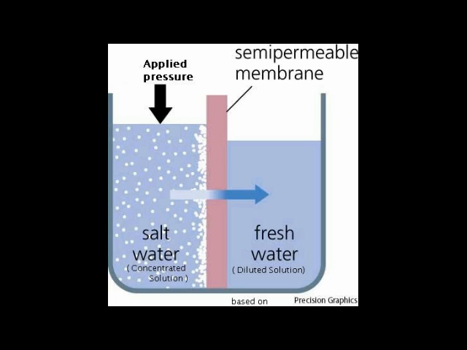I mean, when we apply pressure higher than the osmotic pressure, osmosis happens in the reverse direction. So from the highly concentrated area to the low concentrated area, solvent particles move. That is known as reverse osmosis. Based on that only, desalination of seawater and all takes place.